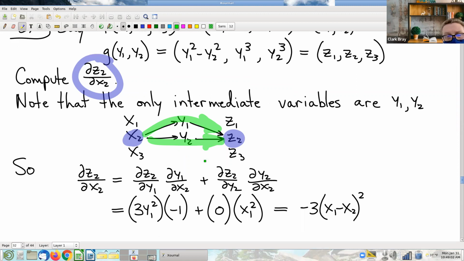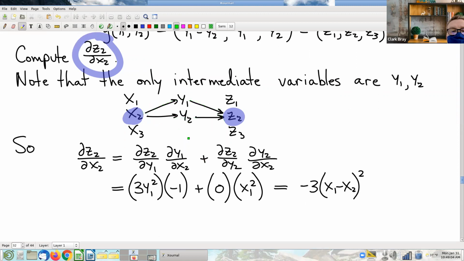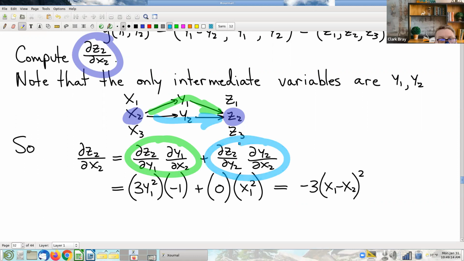Two paths means two terms. In fact, let me color code better. The y1 term there. The y2 term there. That's all I really need to know. Everybody with me? And then, compute at the end.